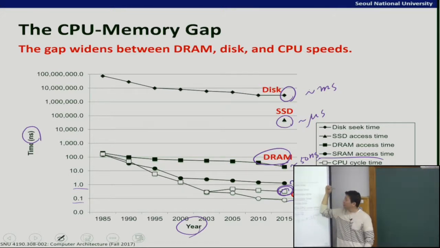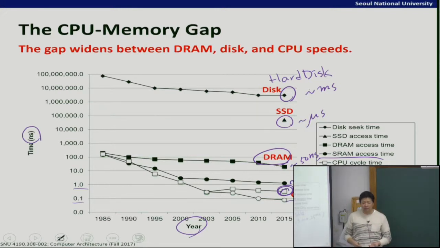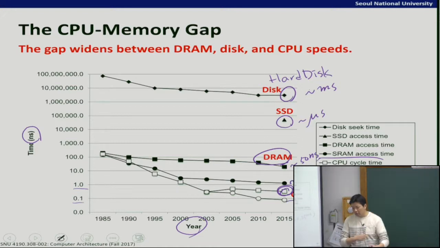Hard disk is in the millisecond range, SSD in the microsecond range. DRAM is tens of nanoseconds, and SRAM is 1 nanosecond or lower. And the CPU clock cycle time is something like 0.3 or 0.2 nanosecond, and so on. So that's the rough time range, and also this historical trend line.